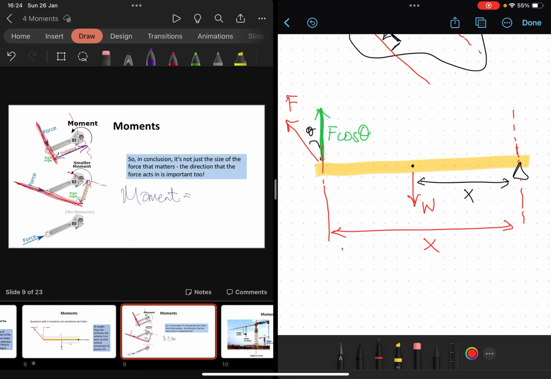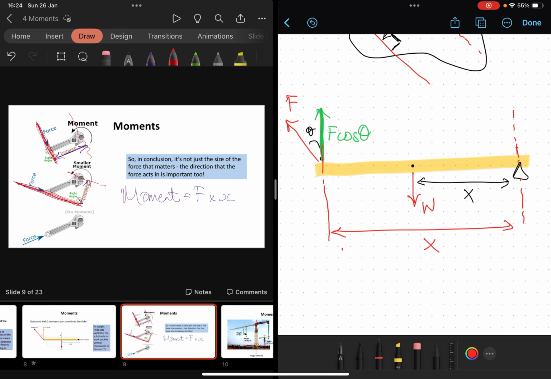Remember what a moment is. A moment is the force that you apply, and we'll assume it's the same in both diagrams, multiplied by the perpendicular distance between the line of action of the force and the pivot. And that distance is smaller in the second diagram. So therefore the turning effect is going to be smaller.